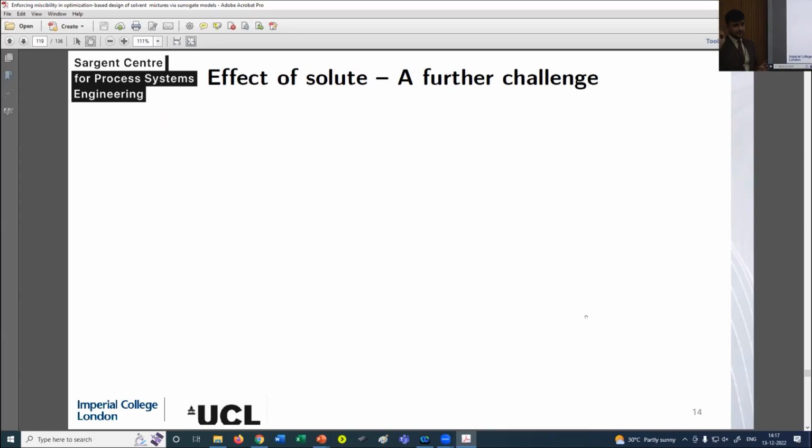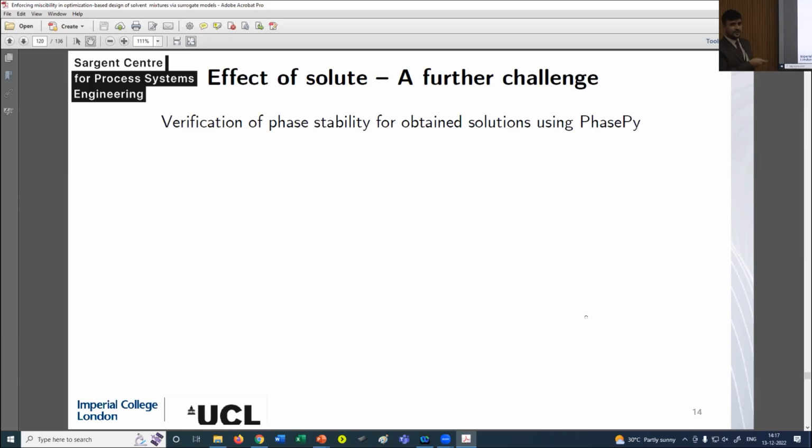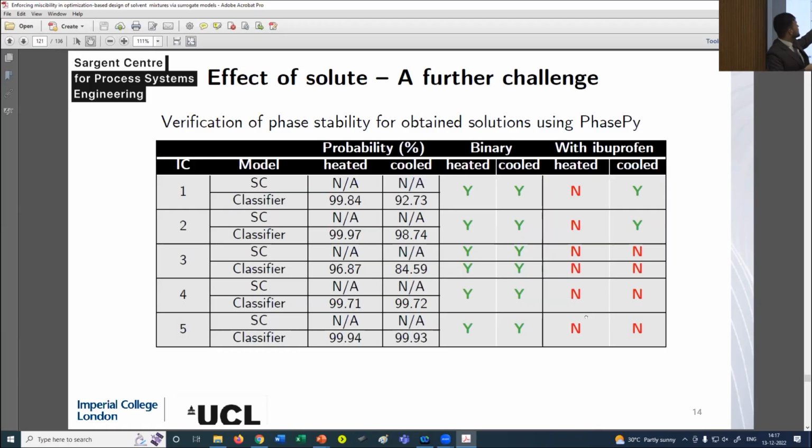Now I would like to present a further challenge, which is the effect of solute. So again, we verified in the same manner the solutions that we obtained using Phase Pi, and here you see this is the column for just the binary solvent mixture, and it passes the check within Phase Pi for phase stability.